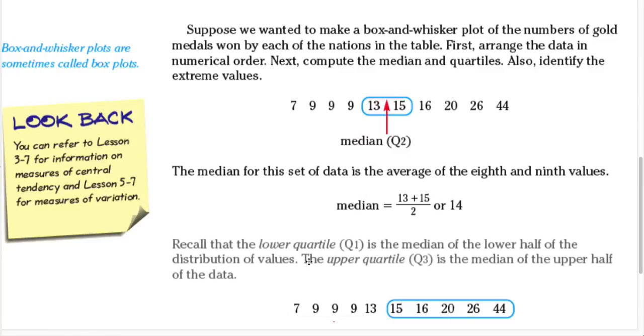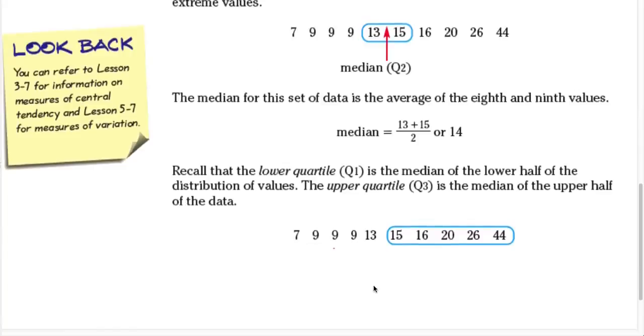Now, the lower quartile Q1 is the median of the lower half of the distribution of values. The upper quartile Q3 is the median of the upper half of the data. Remember too that if your median is not part of the set of data, you can use 15 all the way to 44 as your upper half, and 13 all the way to 7 as your lower half.